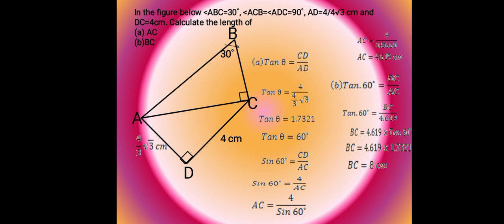So we can use the angle we have found, the remaining angle 60, as theta, so that tan theta is BC over AC. We know AC, and BC is the one we are calculating. Making BC the subject of the formula, BC is equal to 4.619 multiplied by tan 60. Solving for BC, we find that BC is 8 centimeters.